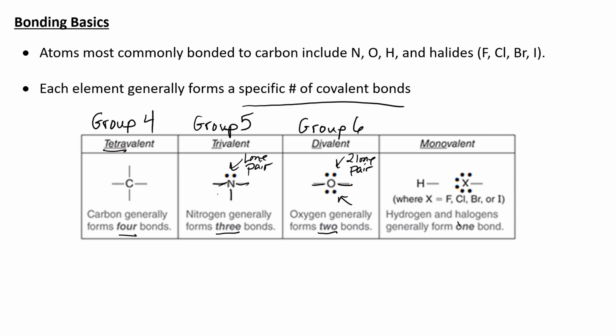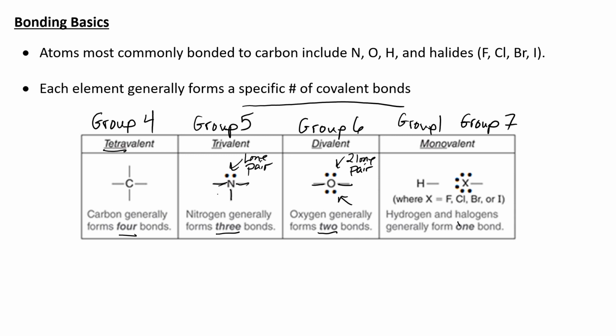Monovalent elements, such as hydrogen, which can only form 1 covalent bond because it has only the 1s orbital in that first energy level. And then we also have the halogens, which are group 7. So hydrogen, group 1, halogens, group 7.